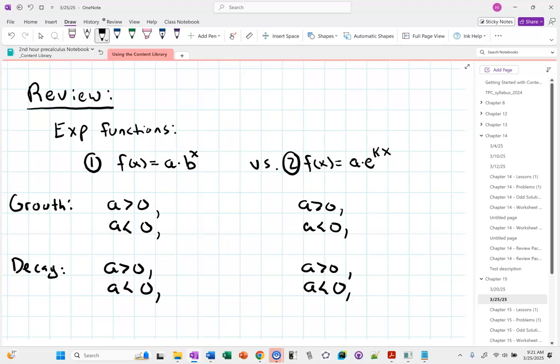So I just want to review here and do an example or two for identifying whether something is exponential growth or decay. So for growth, we can have two situations: when a is greater than 0 and when a is less than 0. When a is greater than 0, we need b greater than 1. And when a is less than 0, we need b between 0 and 1.